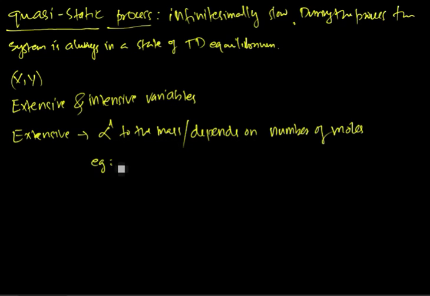Examples of extensive variables are volume, internal energy, etc. That means they depend on the number of moles present, or the amount of the substance, or are proportional to the mass of the system.